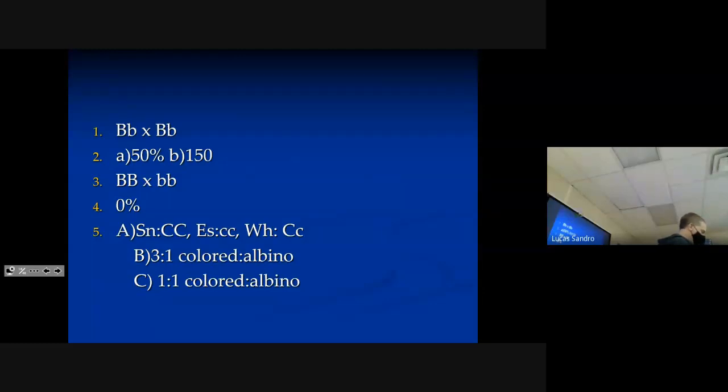2B? Sure. For number 2, what letter did you pick? Letter B? And big B was yellow, and little b was purple, correct?